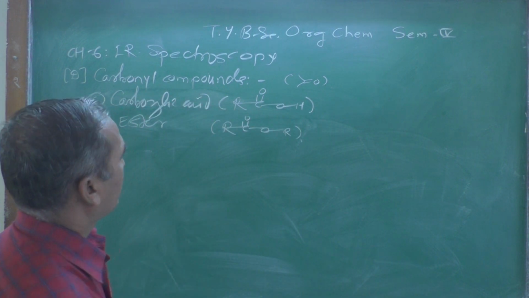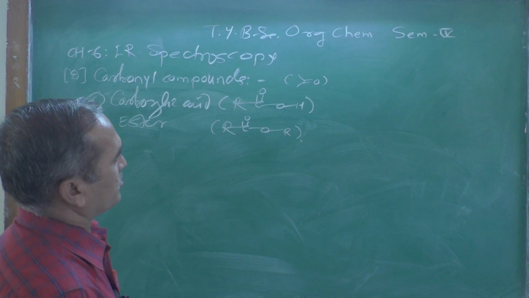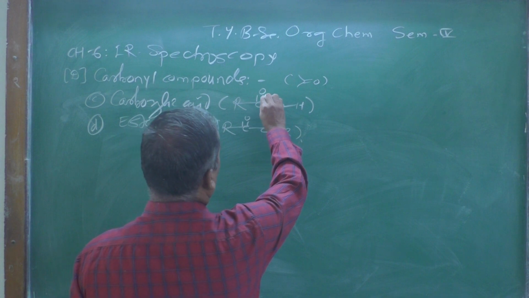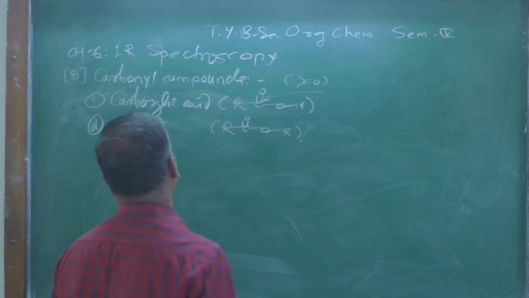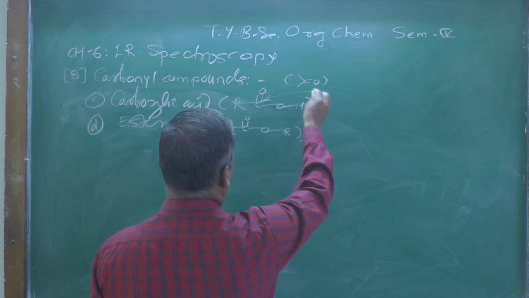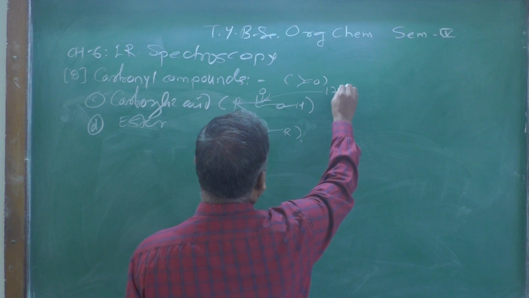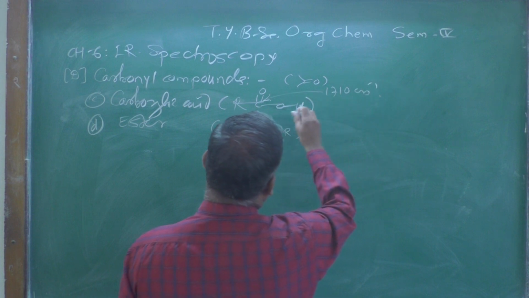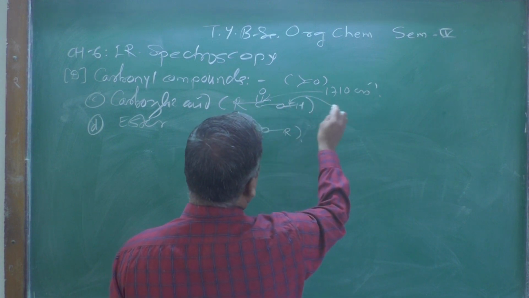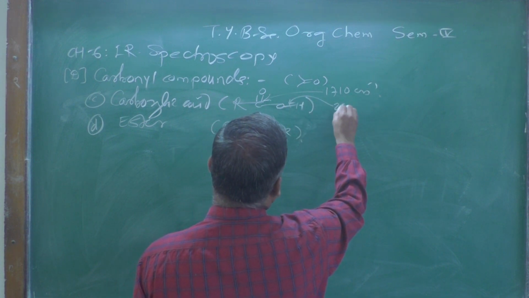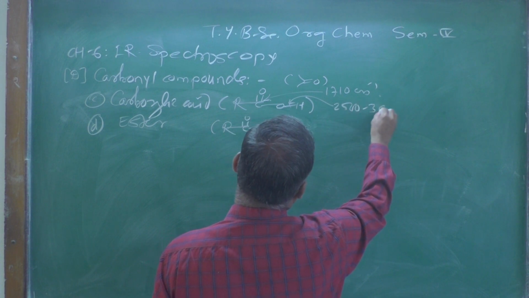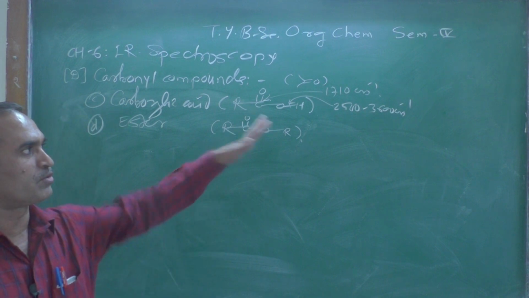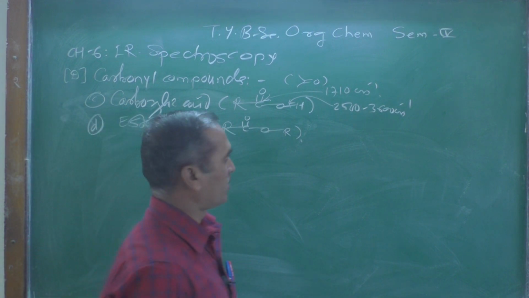So here, if you observe these two structures carefully, the prominent peak observed in the carboxylic acid above is due to the carbonyl group, 1710 per centimeter, and one is due to the hydroxy group, 2500 to 3600 per centimeter.